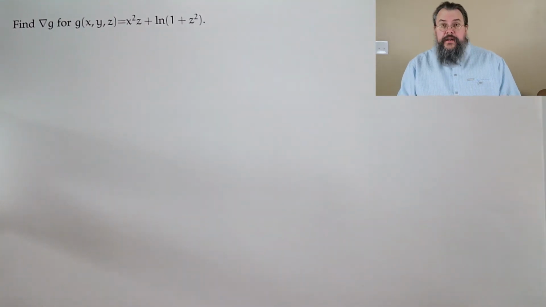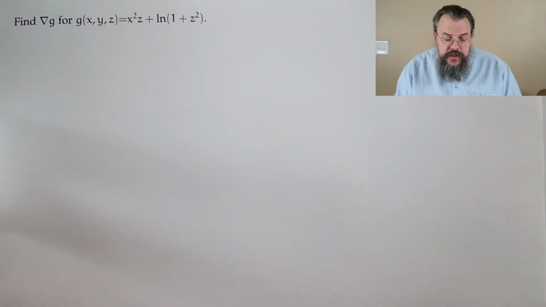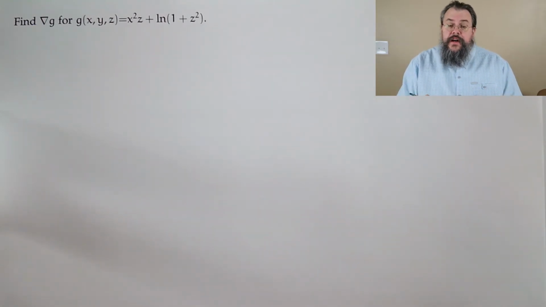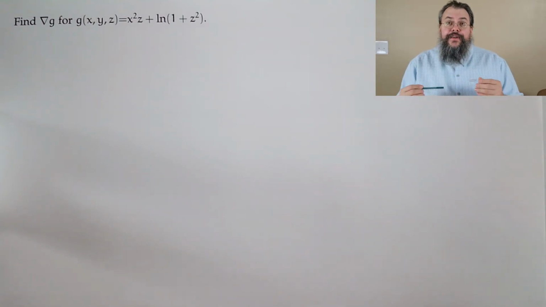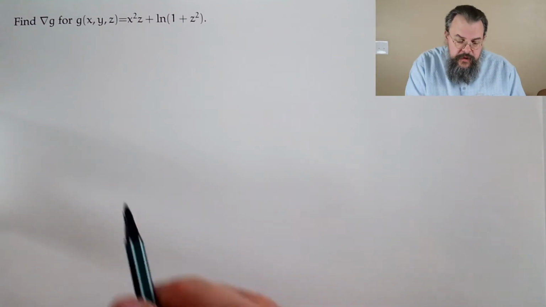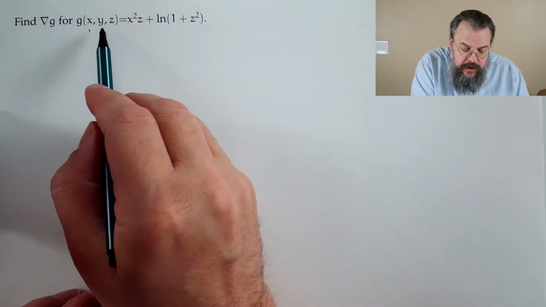Find the gradient of g for the function g of x, y, z is x squared times z plus natural log of 1 plus z squared. Okay, so this is a function of 3 variables. How do we know? Because there's x, y, and z.